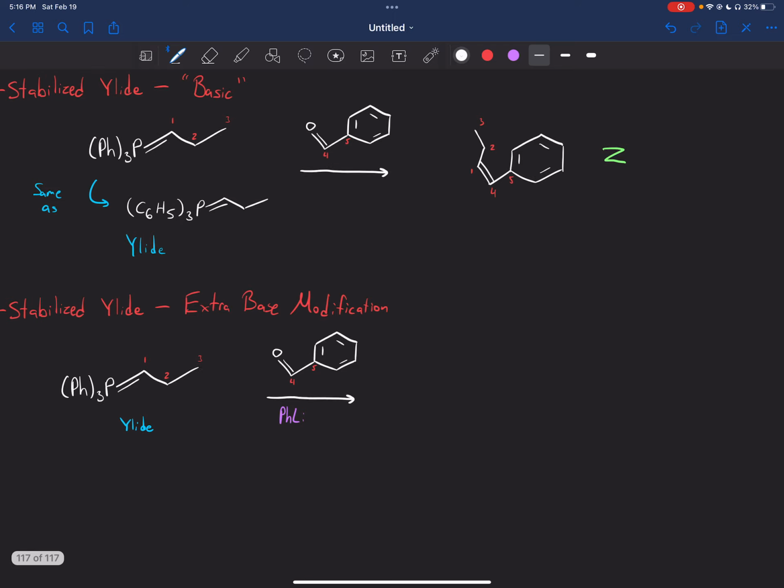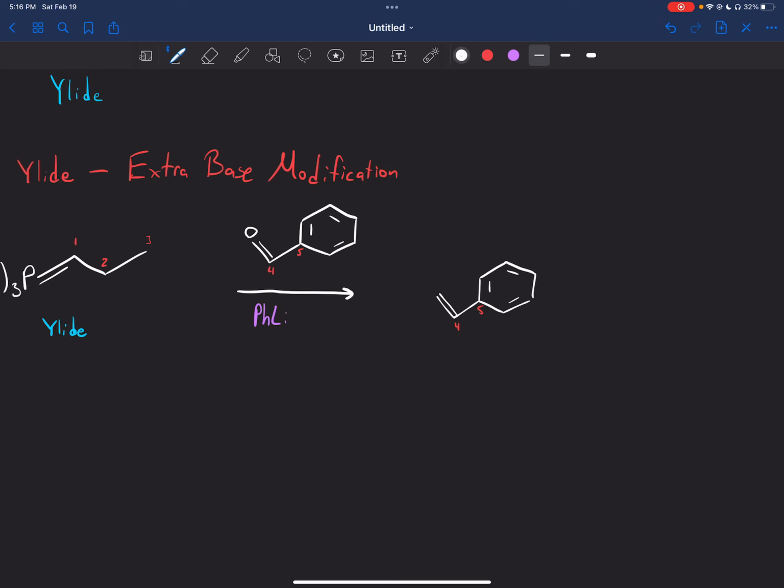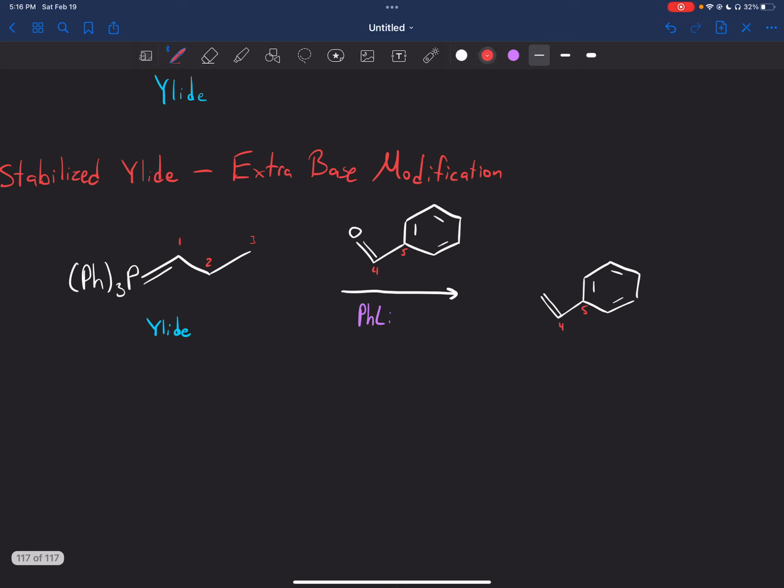We're going to connect it the same way. So benzene, carbon chain, 5 and 4. 4 is double bonded to an O, so this one is still going to be double bonded. And the other end of that double bond is going to be carbon 1. Carbon double bonded to the phosphorus takes the place of the O. But this modification gives us the opposite of the first one.